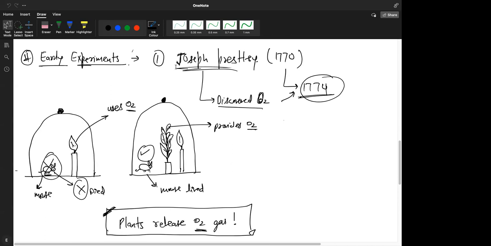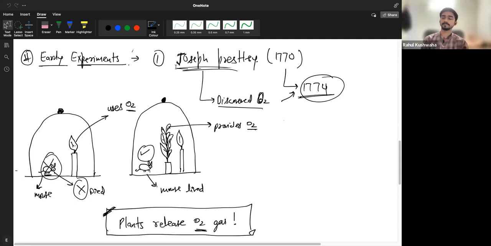So basically he first of all lighted up a candle and placed a jar over it, and inside the jar he also put a mouse. And then he observed that after a few hours, the mouse was dead. So he concluded that there was something in the jar or in the air that the mouse required to survive, and that was being used up by combustion, by burning.